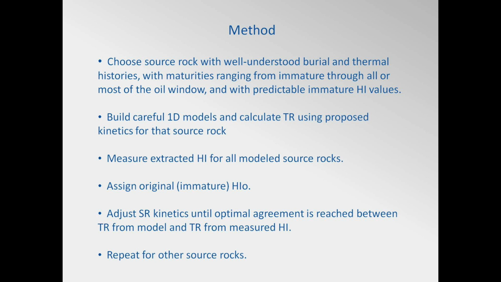I would then adjust the source rock kinetics used in my modeling until I achieved optimal agreement between the transformation ratio obtained from the model and the transformation ratio calculated from the measured hydrogen index of the partly mature sample. And then I would repeat this study for several other source rocks to confirm that these conclusions are not limited to just the source rock I happen to choose.